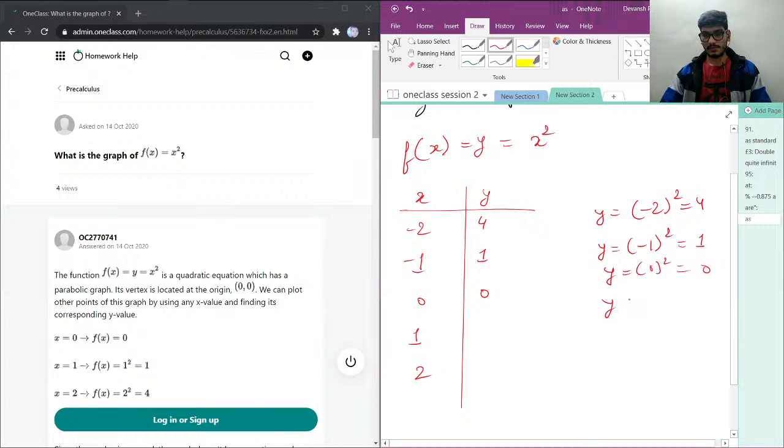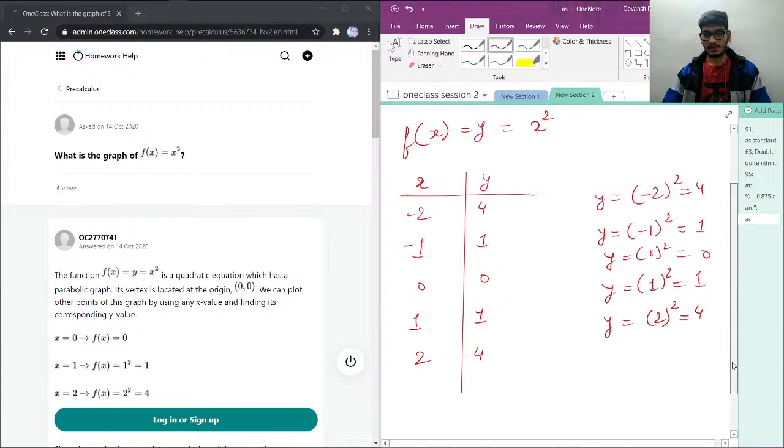For x equals positive 1, we have again y equals 1. Then for x equals 2, we have y as positive 4. So we can see here that whatever value we give for x, whether it is negative or positive, we always get y as a positive number.